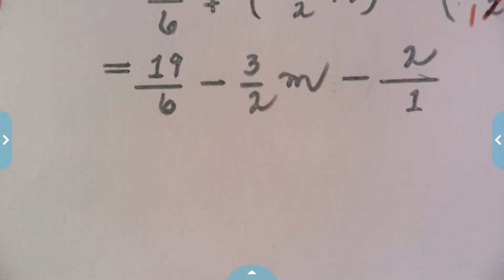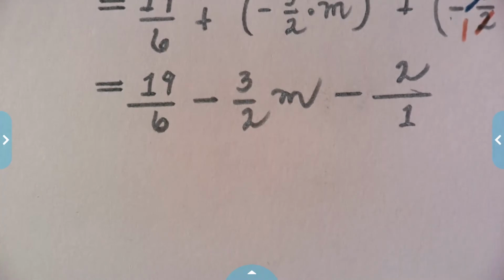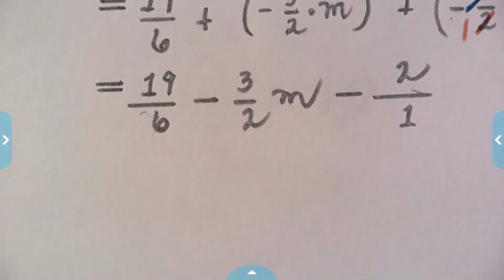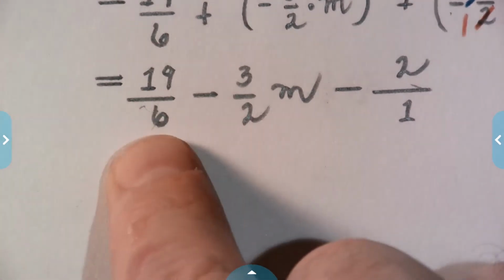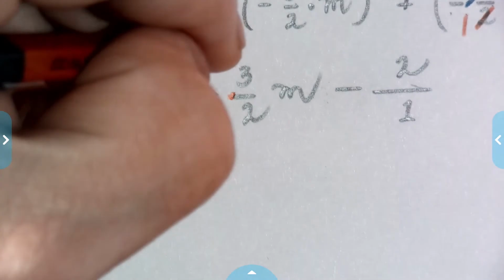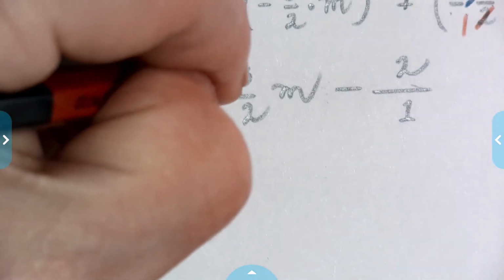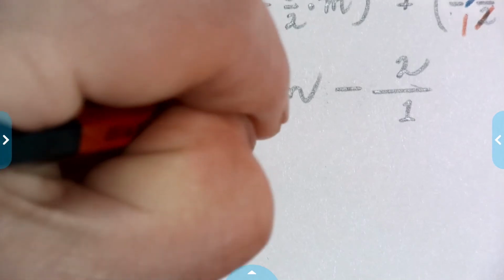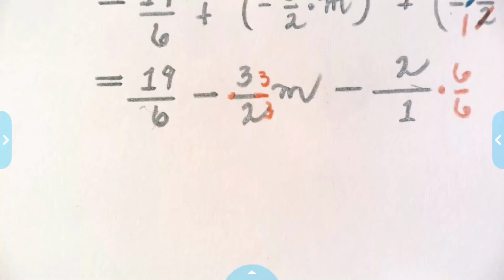Okay. So now to continue, I'm going to have to find a common denominator. So the least common multiple between 6, 2, and 1 is 6. I don't have to do anything to the first fraction. Second fraction, I'm going to multiply by 3/3. And then here I'm going to multiply by 6/6.